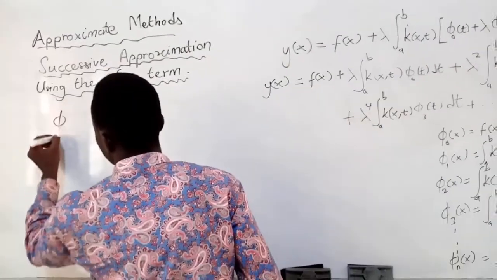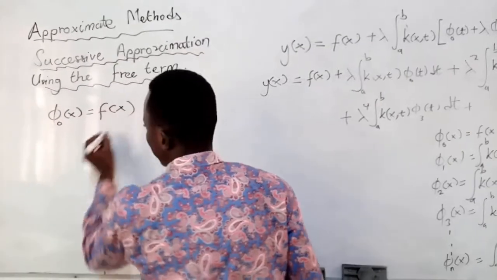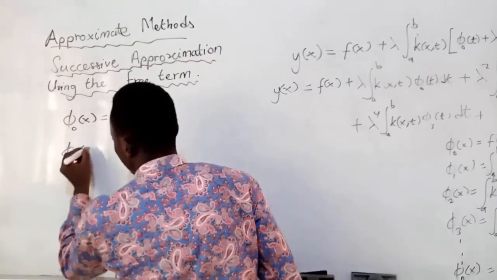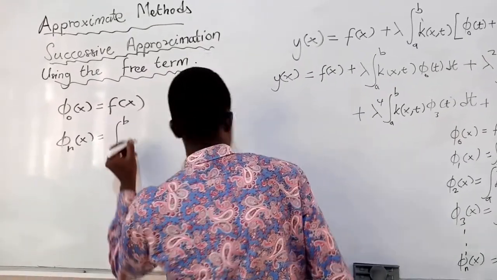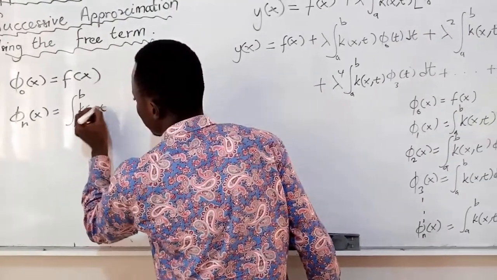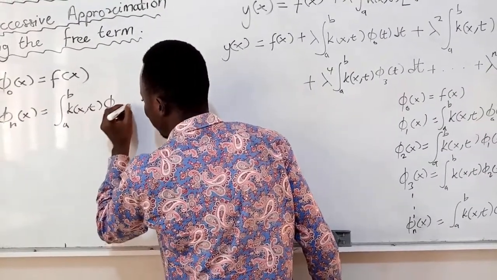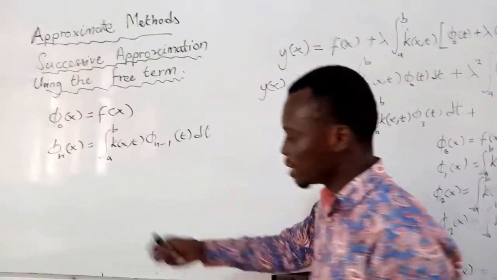Phi naught of s is equal to f of s, and phi n of s is equal to the integral from a to b, k of s t, phi n minus 1 of t dt.